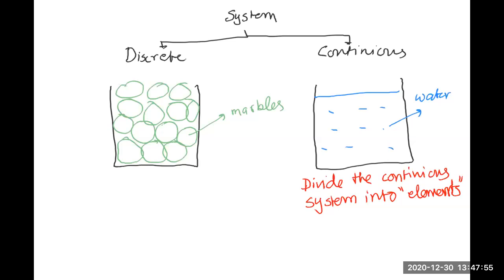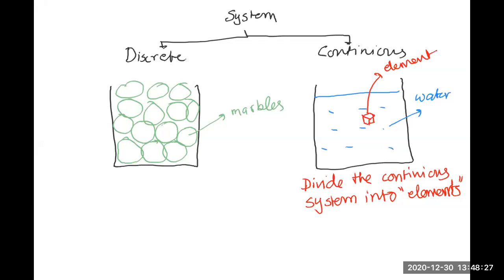So we are going to treat a continuous system as a discrete system, but the individual components of the continuous system are going to be infinitesimally small. Okay? Therefore, calculus will come in. Right? So this is an element.